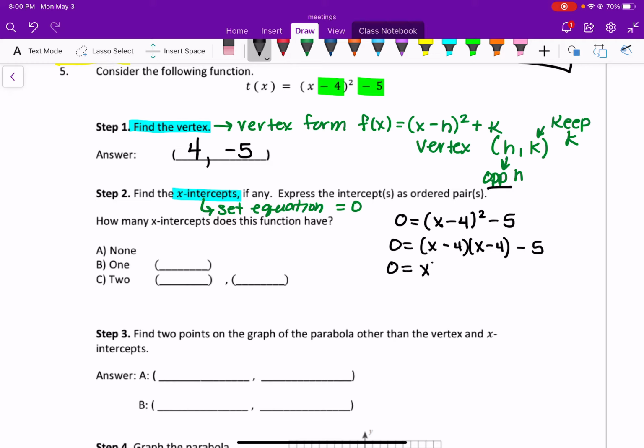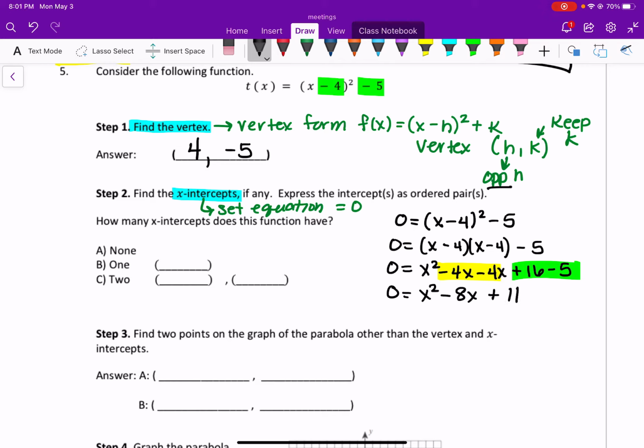So 0 equals x squared minus 4x plus 16, and then minus 5. And then we just need to combine like terms. So we've got our -4x's there that we're going to combine. We've got our 16 and 5 that we're going to combine. So 0 equals x squared minus 8x plus 11.